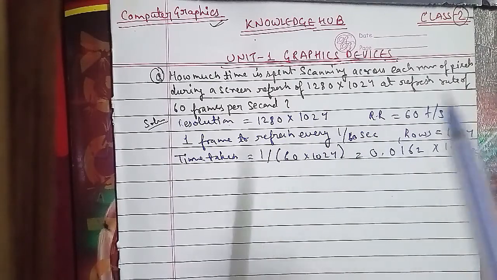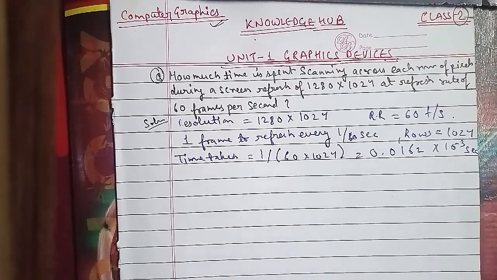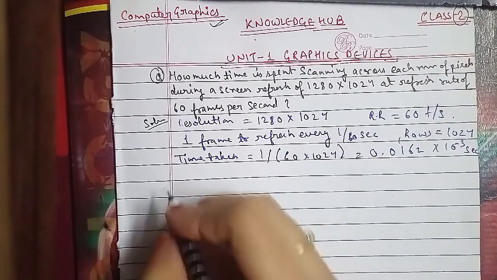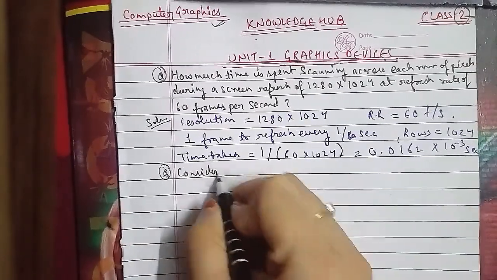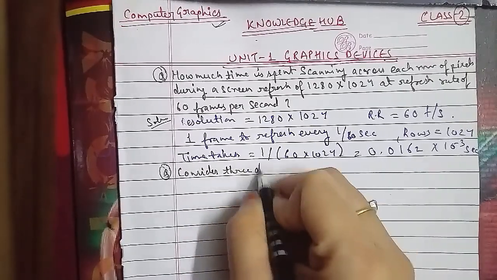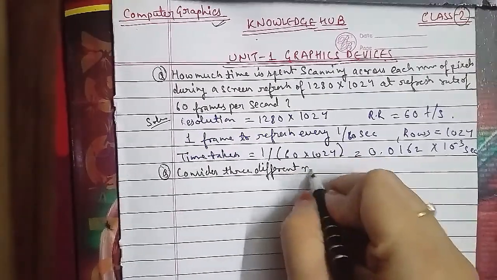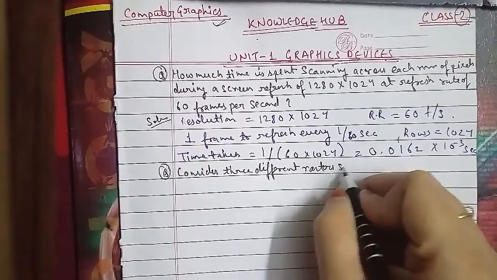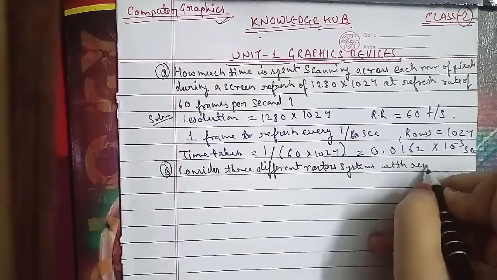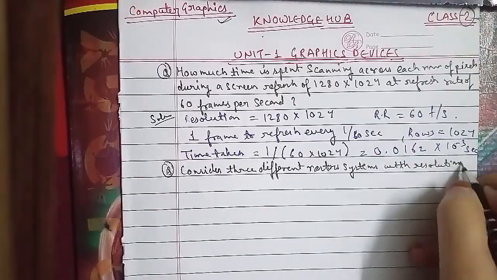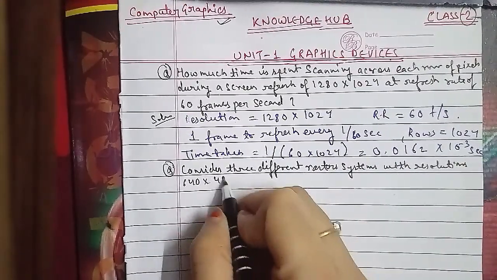Another question is: consider three different raster systems with resolutions 640 multiply 480, 1024 multiply 1280, and another one 2560 multiply 2048.